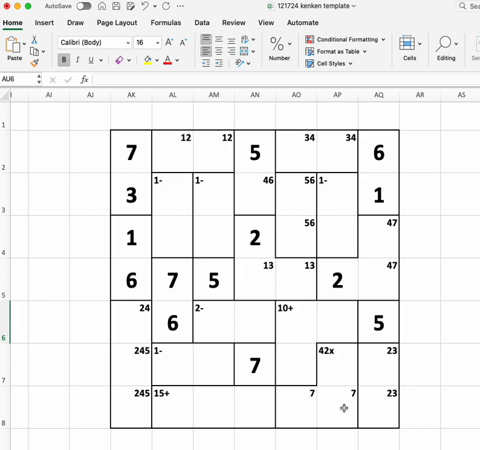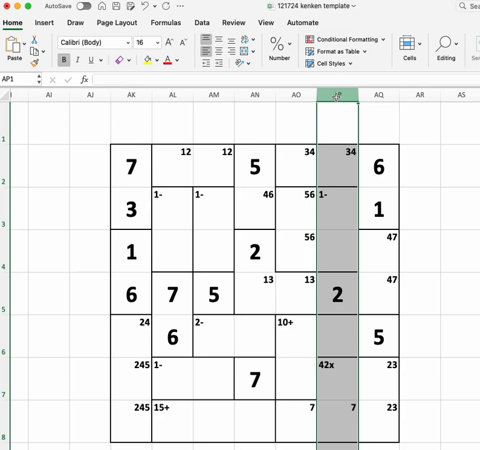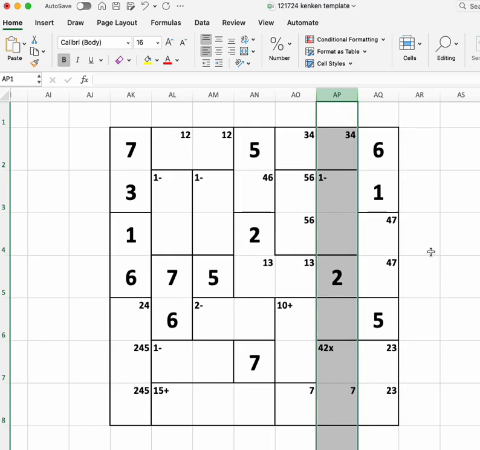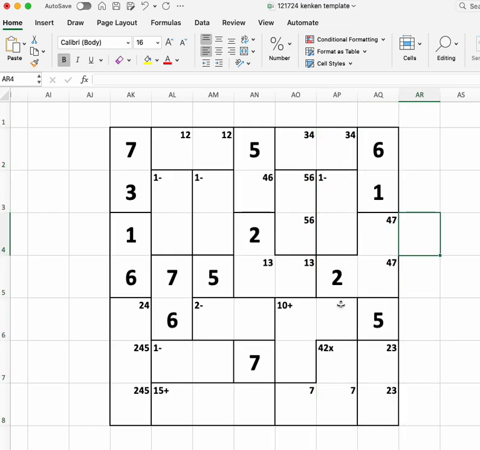Six is here, 2 is here. I don't think we know. I just in this column, the 5, you know, we can't put a 5.